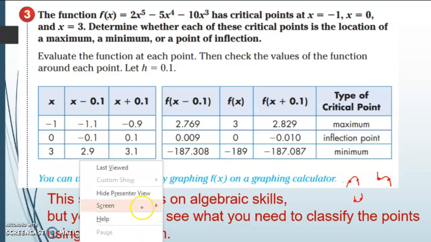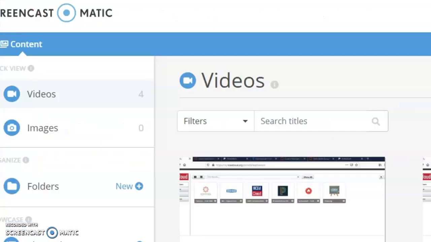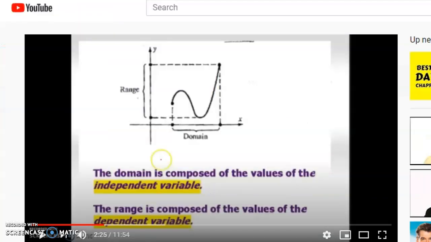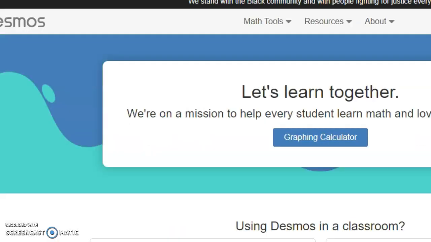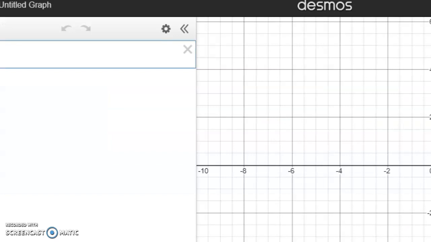what we have done before is we go on to Desmos.com and get the calculator. And then we just see what we've got.